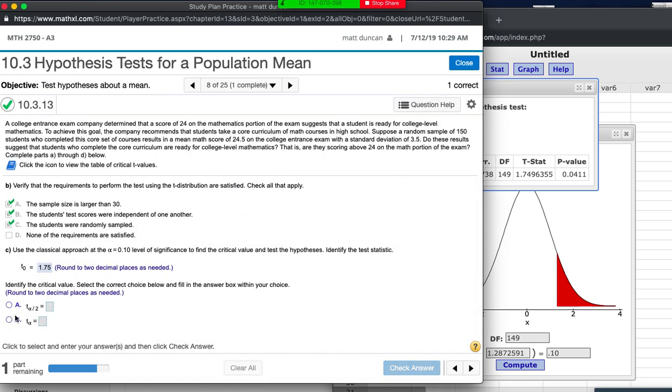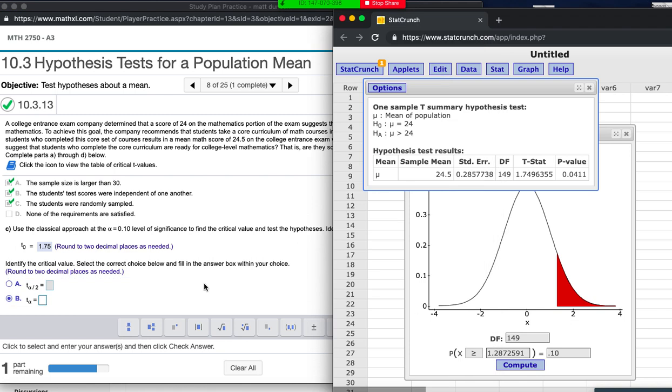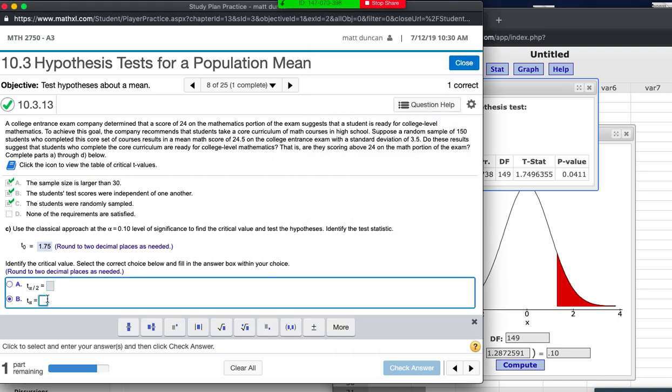Okay, so this is the number right here. Am I going too fast? Okay, so this is a one-tailed test because it's simply greater than. So I have my 10% all in one tail, and so that tells me that it's 1.29. And it's the greater than sign.